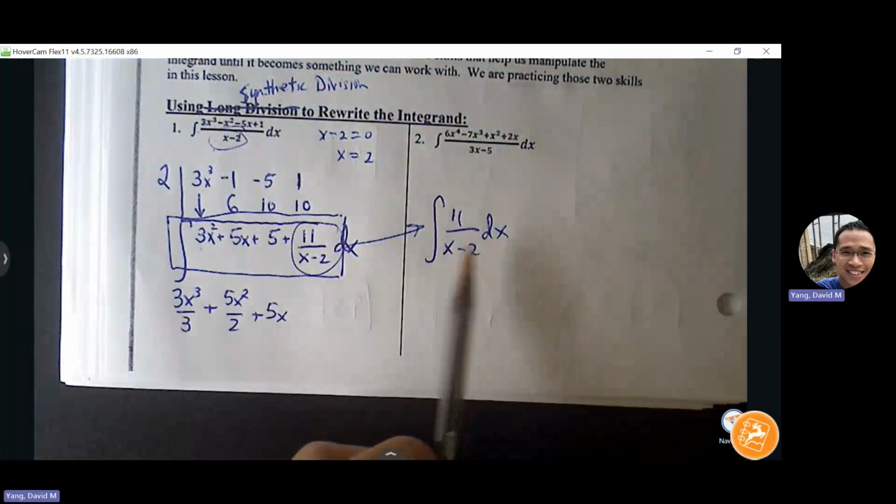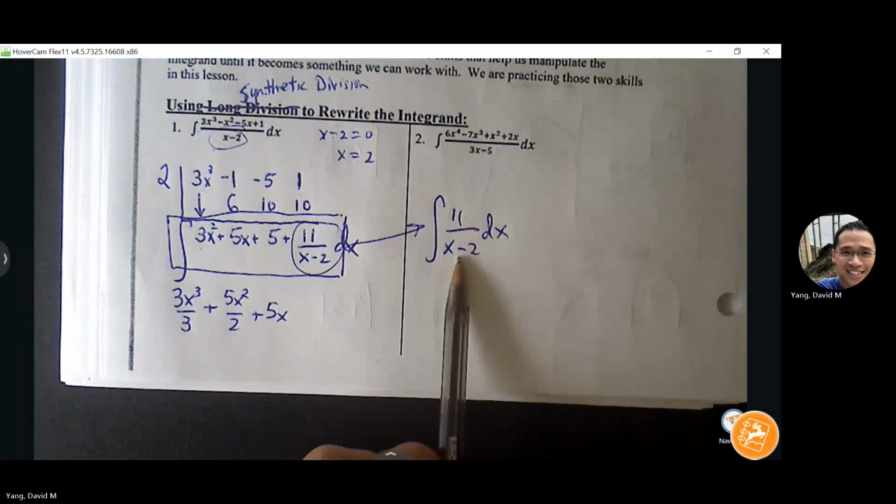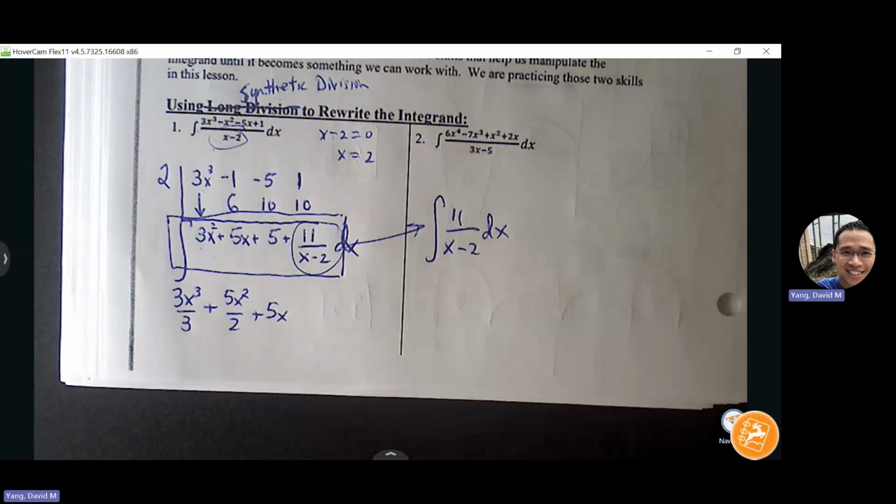So if you see this problem in front of you here, obviously we can't split it up. There's too many terms in the denominator. We have to go through u substitution. What could be our u value?